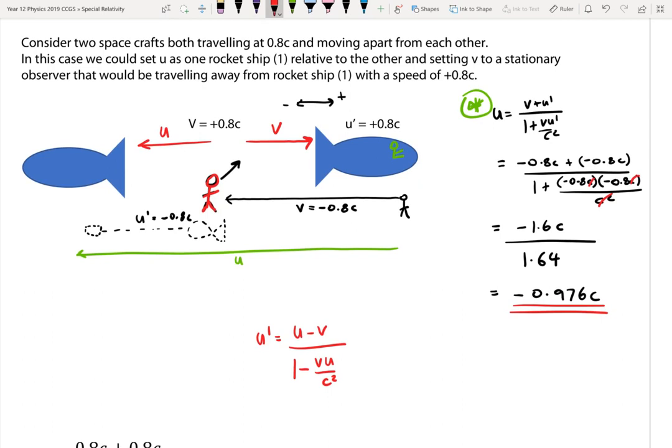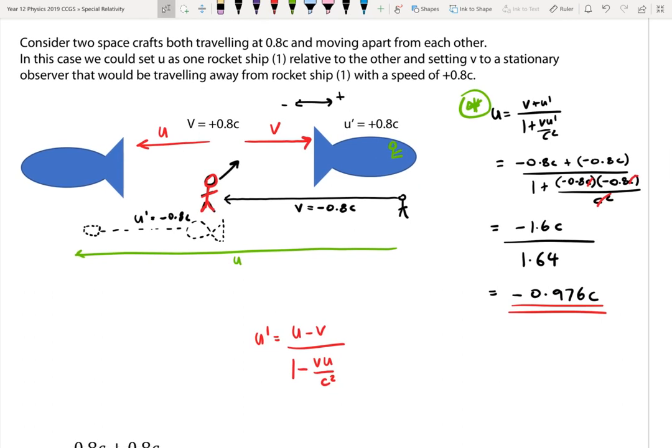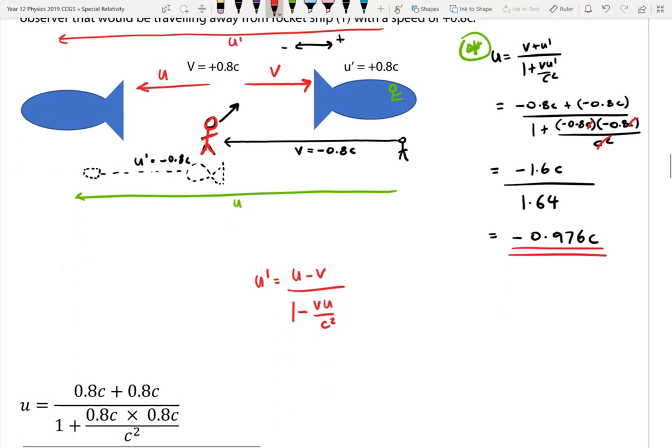And then u prime should hopefully be, no, that's not going to work, oh yeah, it'll work. And then that would be u prime. Now remember, u prime is always the speed with respect to the v. So, the speed of him relative to him. So I'm thinking we're going to get a negative value.